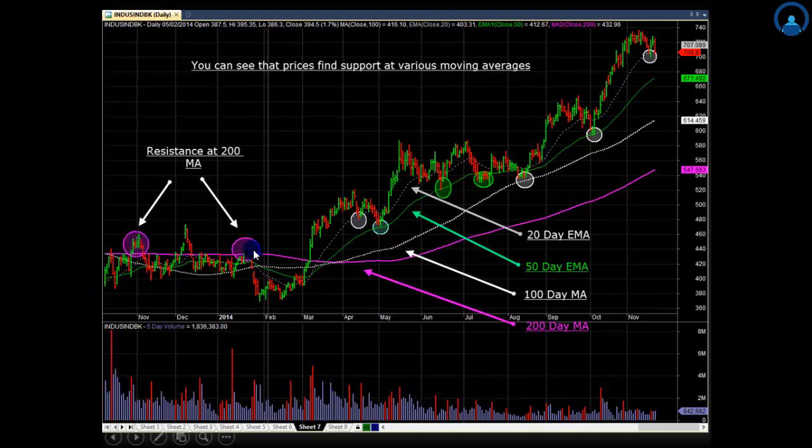Pink colored circles suggest that prices found resistance at the 200 moving average. White colored circles suggest that they found support or resistance at 20 EMA. Green suggests that prices found support or resistance at their 50 EMA, and this white color shows that prices found support at their 100 simple moving average.